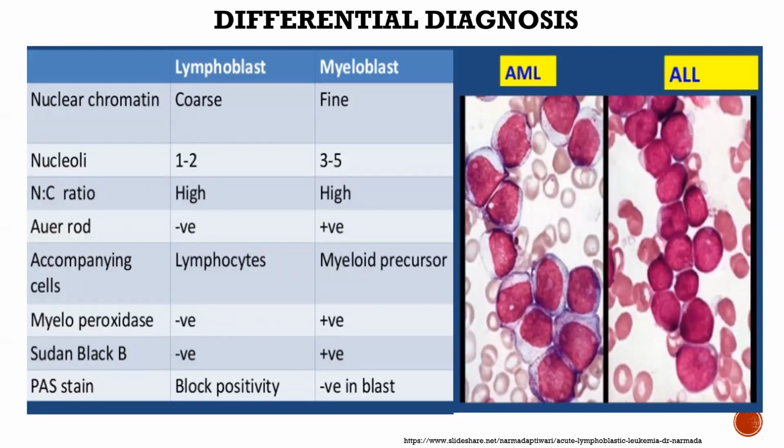According to the morphology of the cells, lymphoblast and myeloblast variant should be differentiated by bone marrow examination, and they are extremely different. And also, if lymphoblast is negative for myeloperoxidase and Sudan black tests, myeloblast is comparatively positive in these cases.